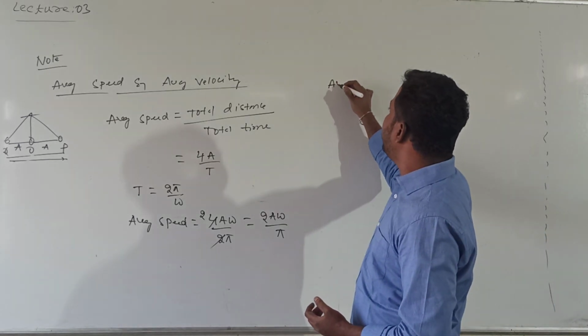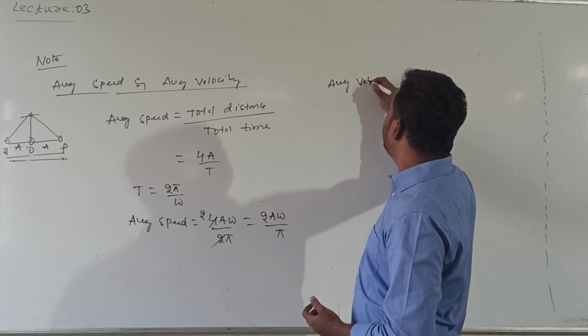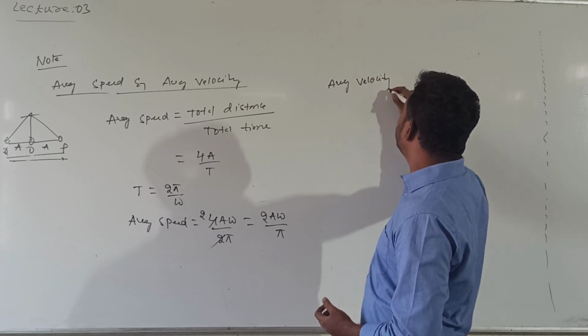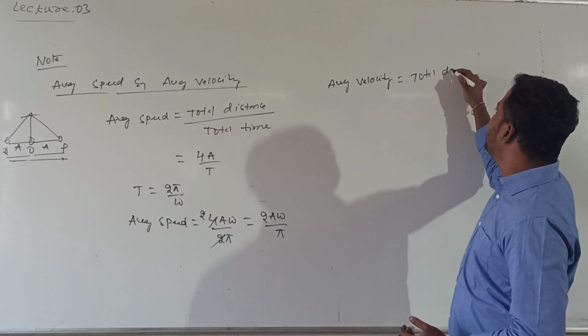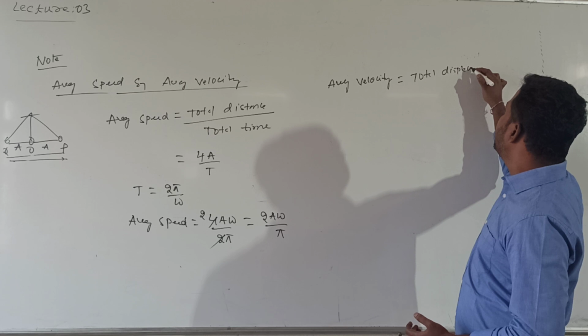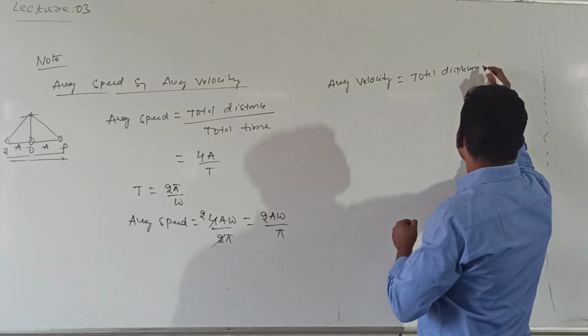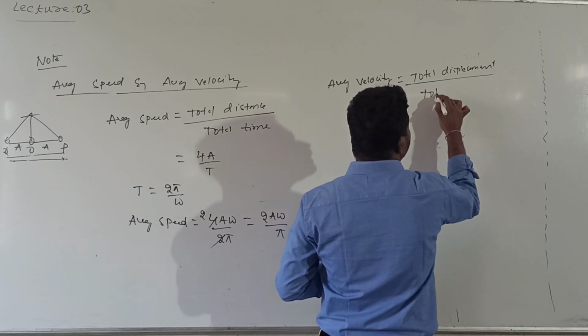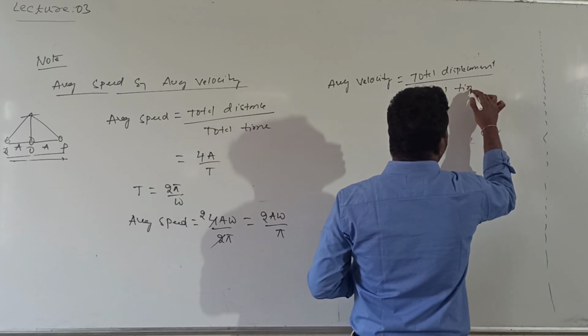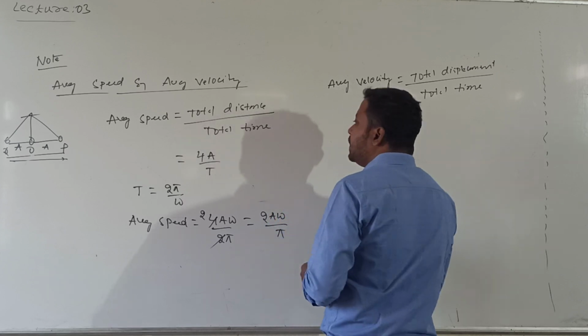If I want to calculate average velocity, it means total displacement divided by total time taken. So now you tell me, what is the total displacement?